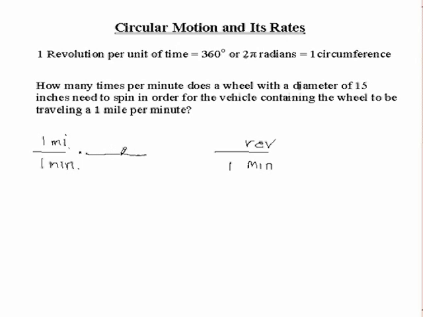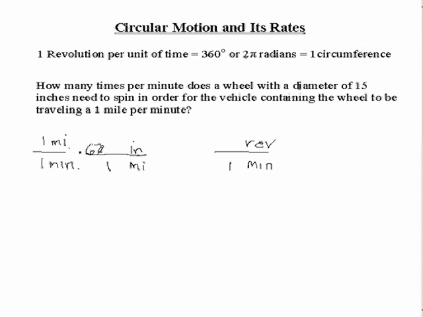So let's start by creating a fraction to multiply times this 1 mile over 1 minute that's going to continue to keep the minutes and cancel out the mile. So if I'm going to multiply to cancel out the miles, this denominator must be miles, and I want inches here.